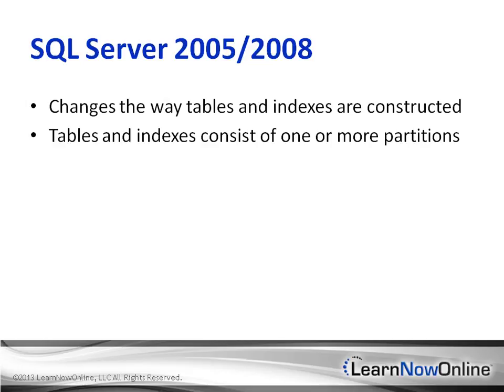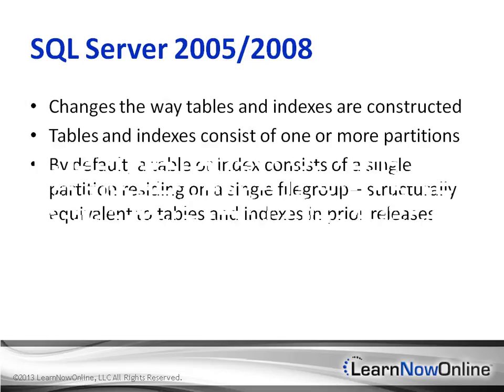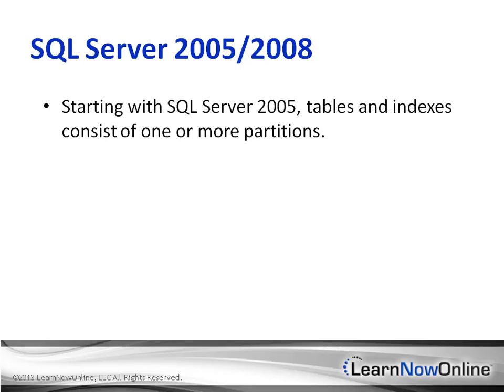Tables and indexes actually consist of one or more partitions. And by default, a table or index that consists of a single partition residing on a single file group was equivalent to tables and indexes in prior releases. So starting with SQL Server 2005, tables and indexes actually consist of one or more partitions.